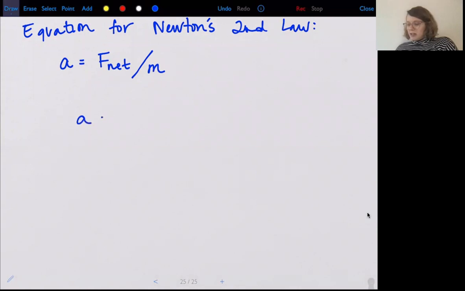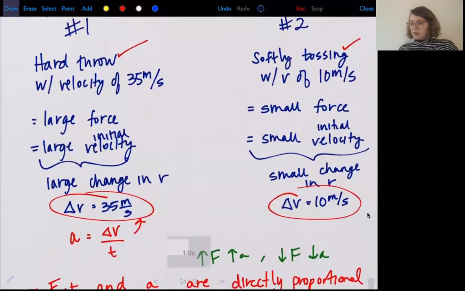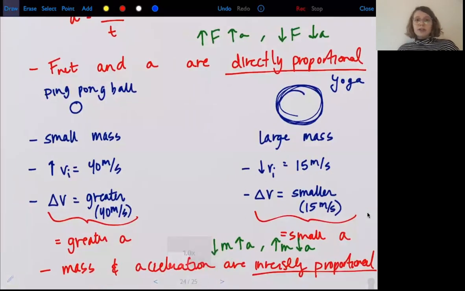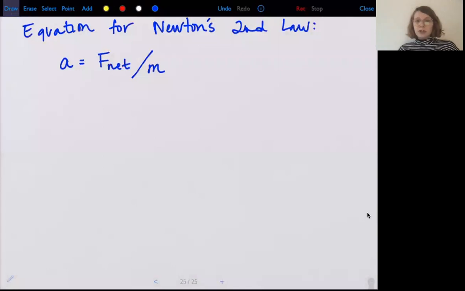So that means that acceleration is equal to 1 over mass, the inverse of mass. As mass increases, acceleration decreases, and vice versa, right? So this is the equation explaining those two relationships, that force and acceleration are directly proportional, and mass and acceleration are inversely proportional.